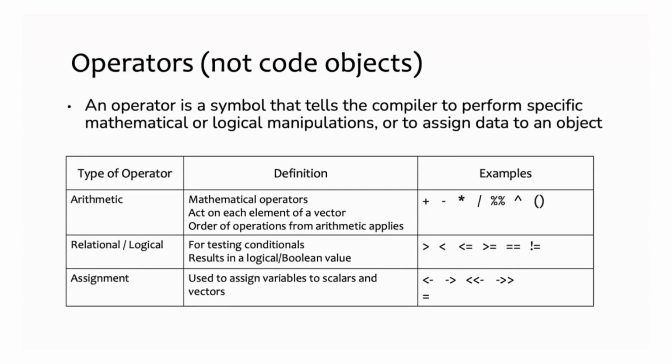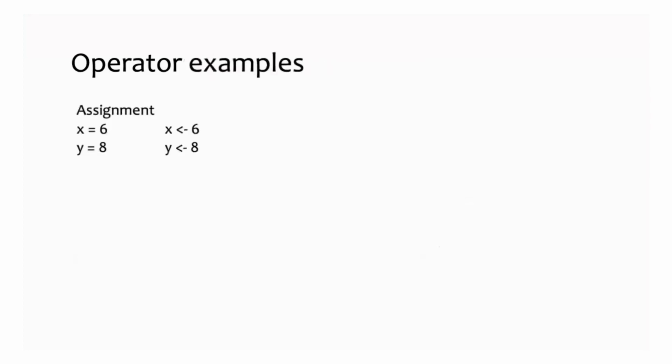So these are invariant. They are just operators that are used to manipulate data objects and code objects. So for example, assignment operators could be equal sign or the leftward facing arrow. So assigning 6 to x or 8 to y. Arithmetic operators, so x plus y.